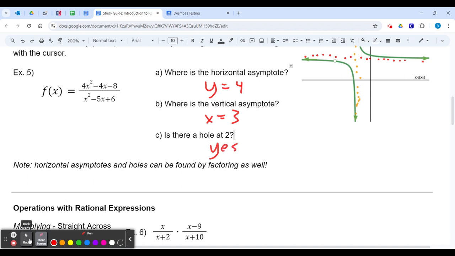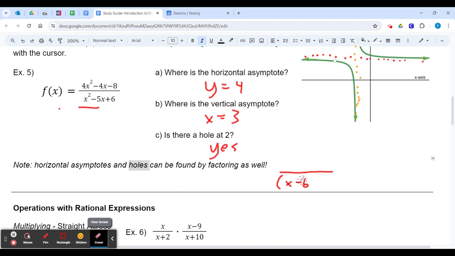So quick note, we can also find horizontal asymptotes and holes by factoring. This is just quick review. If I wanted to rewrite this function in factored form, on bottom, I'd use that sum and product puzzle. I'd have x minus 3 times x minus 2.